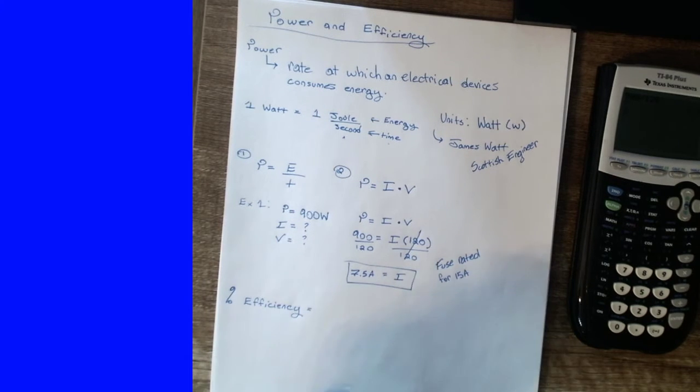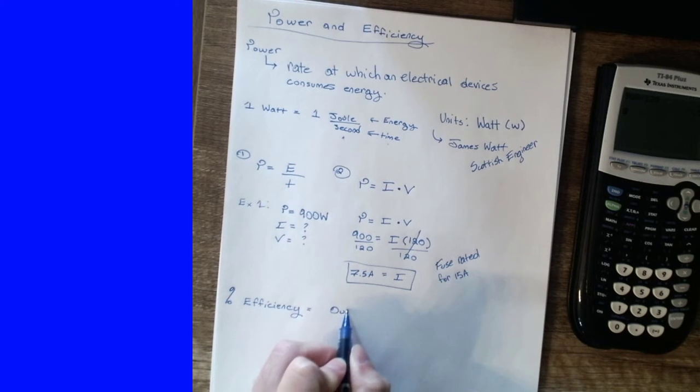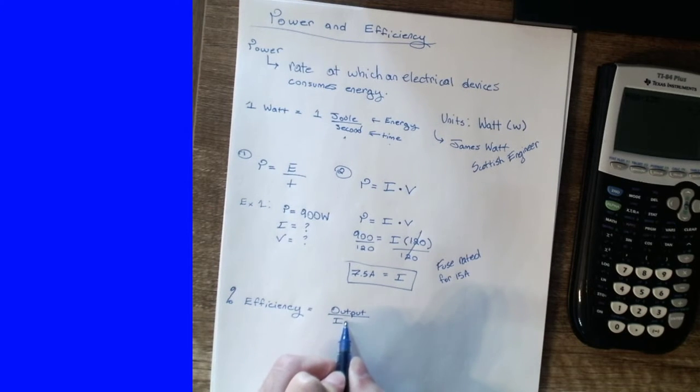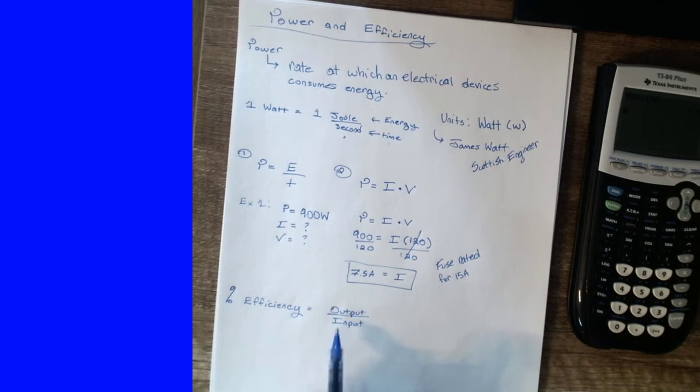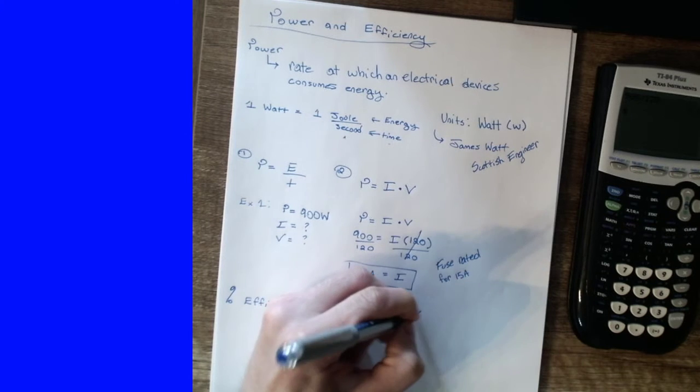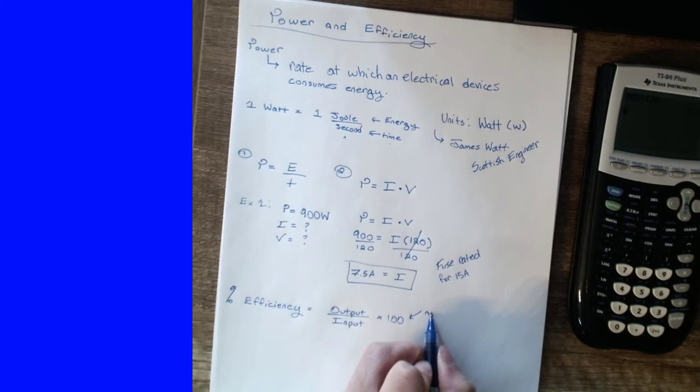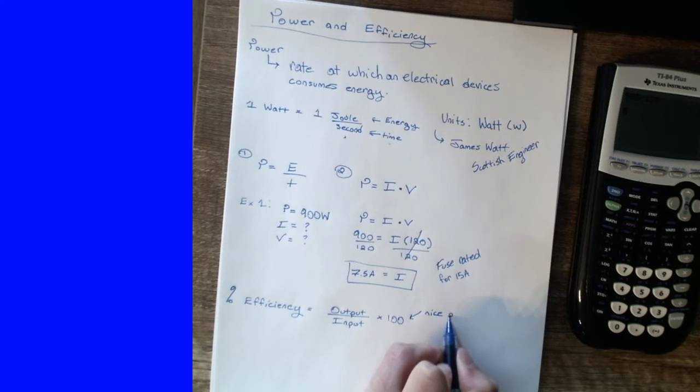And we'll talk about why that is, but the equation for this is the output divided by the input. The concept being, I'm going to input an amount of energy, but I won't get out exactly how much I input. So it's output divided by input, multiplied by 100. And this is so that you have a nice percentage. This is multiplied by 100.